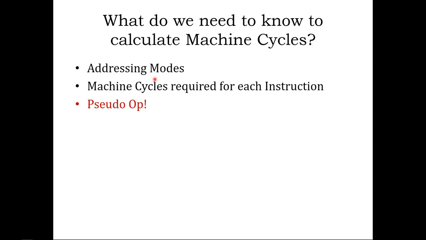Given an instruction, we can tell what the addressing mode is. We also need to know the machine cycles required for each instruction. We can know it just from our instruction set, column 7. Pretty straightforward. We also need to know something called pseudo-op. The pseudo-op is something we have probably never heard until this point, but we'll understand it soon.